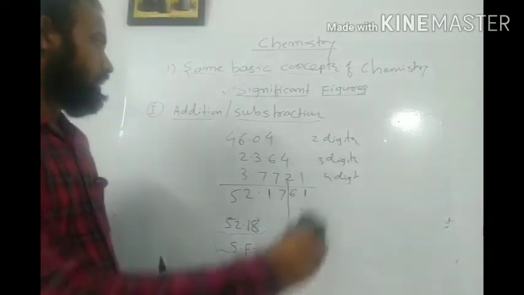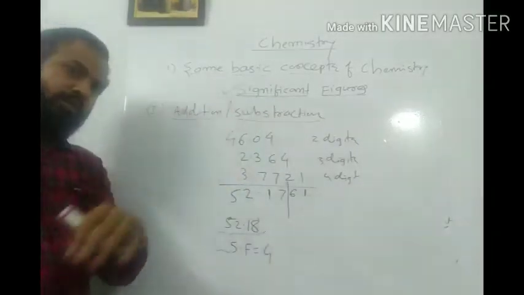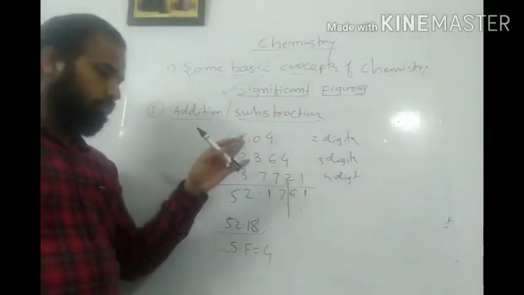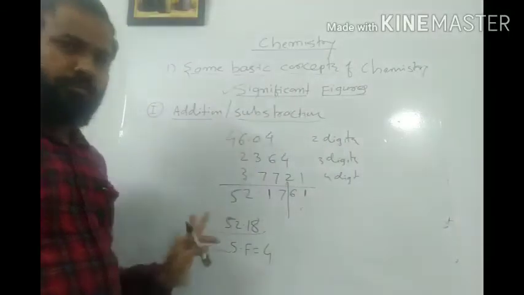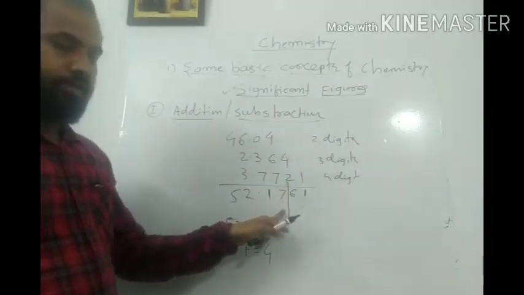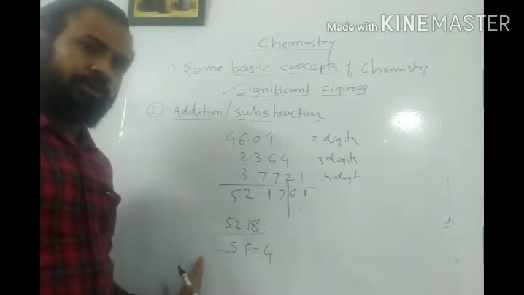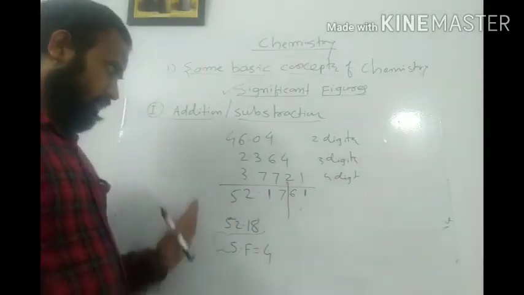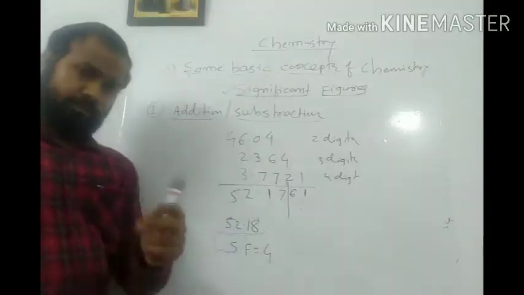Now, after this addition, you can perform the subtraction operation similarly. You have to identify the minimum decimal places, mark accordingly, and according to the rounding off principle you will get your answer. Okay, then I will take some examples of multiplication.